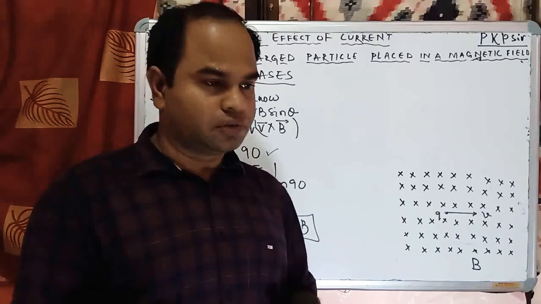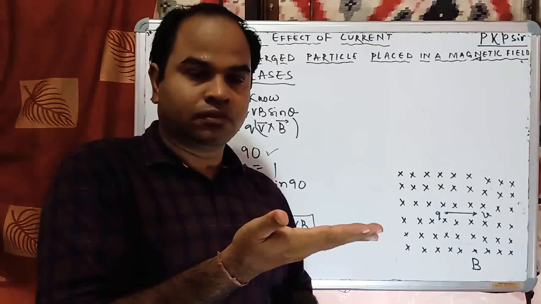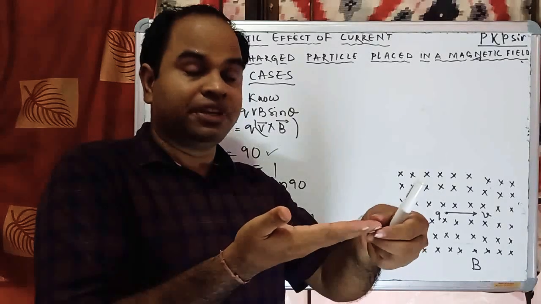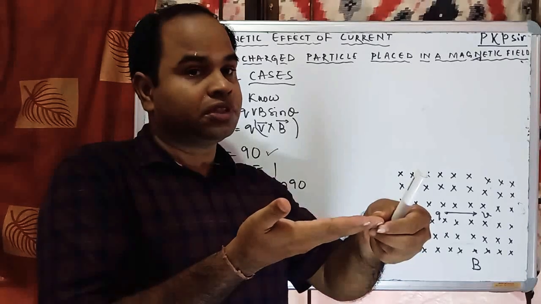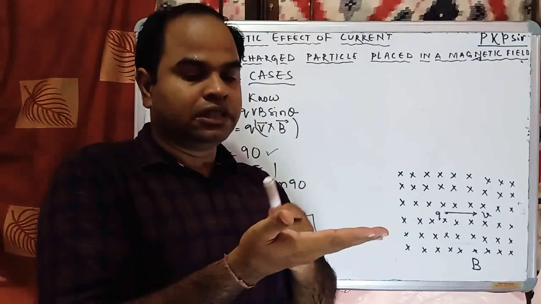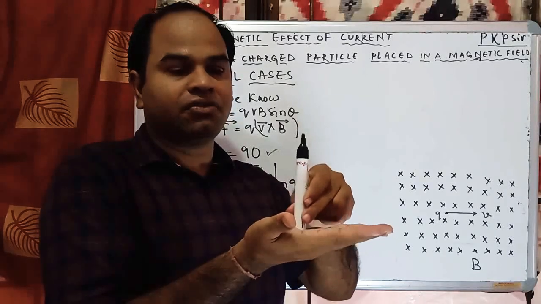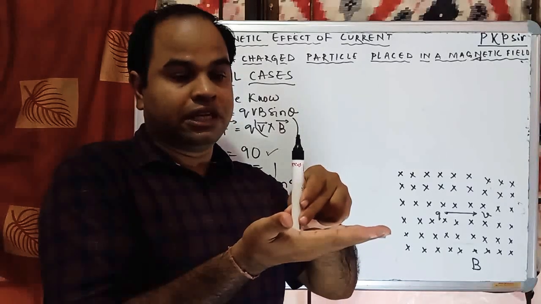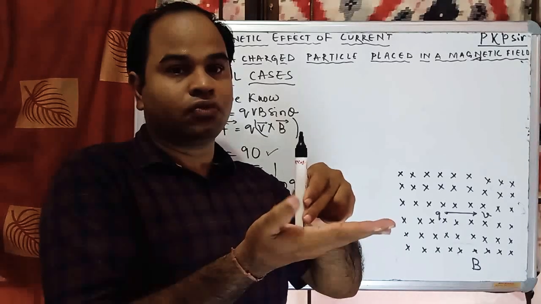In this procedure, take your right hand. The direction of the finger represents the direction of the velocity of the charged particle. The direction of the palm represents the direction of the magnetic field, that is along the direction of the pen, and the thumb represents the direction of force.